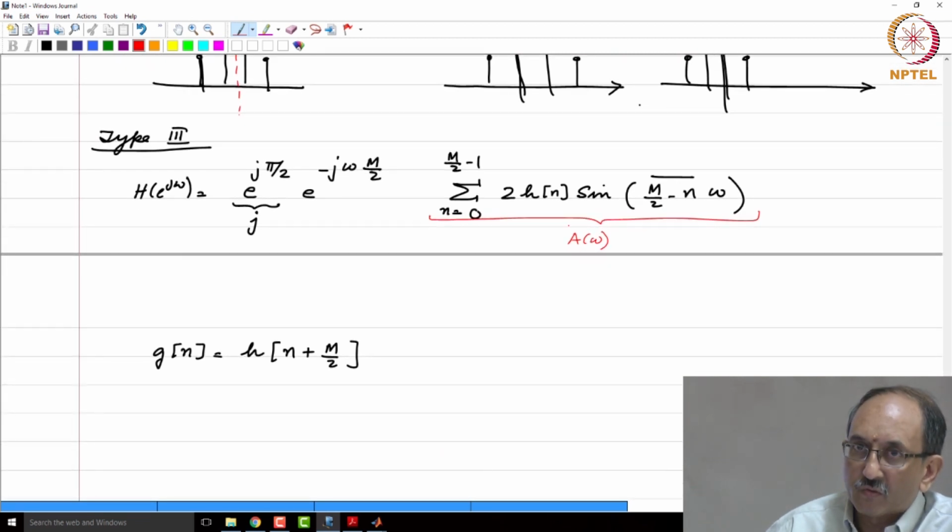Really it is j times A of omega, because g of n will be real and odd. Therefore, the Fourier transform has to be imaginary and odd. Therefore, the Fourier transform will be j times A of omega.